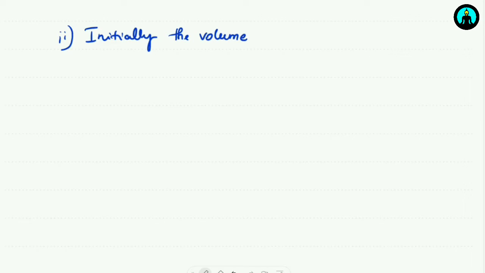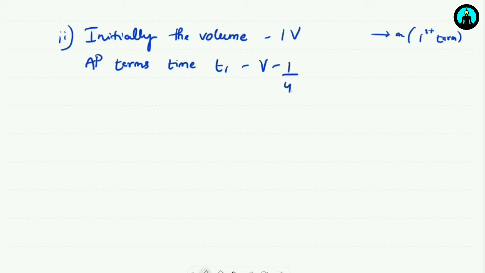Let the initial volume be V. After some time t1, 1 by 4th of the volume is removed, so V minus 1 by 4 V is equal to 3 by 4 V. So after time t1, the volume becomes 3 by 4 V.